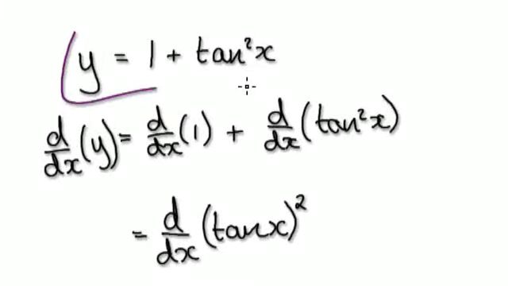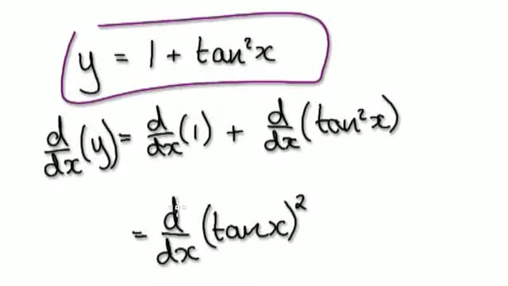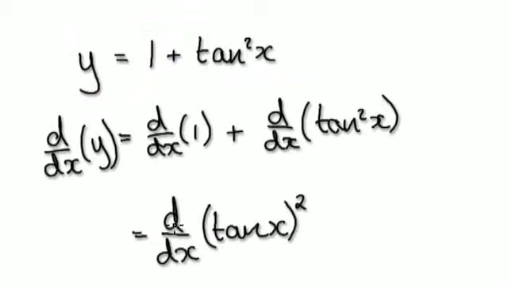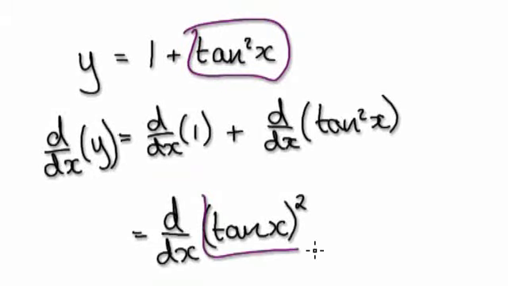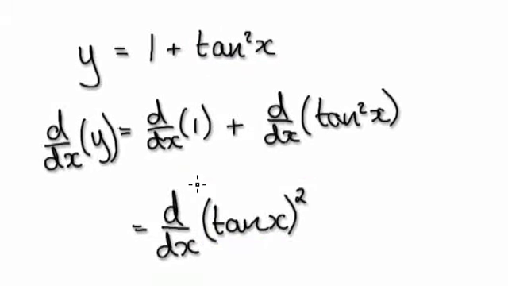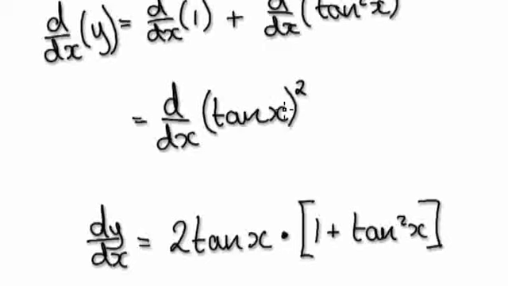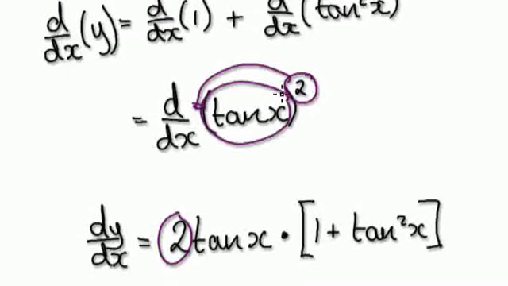So dy by dx. What I'm trying to say is that you can pretty much kill off this 1 here. So it's just you trying to differentiate this bit here. But then visualize this thing here as this, and now you can use the chain rule. When you differentiate it, the power comes down, that's this 2 here, and the bubble itself stays the same.